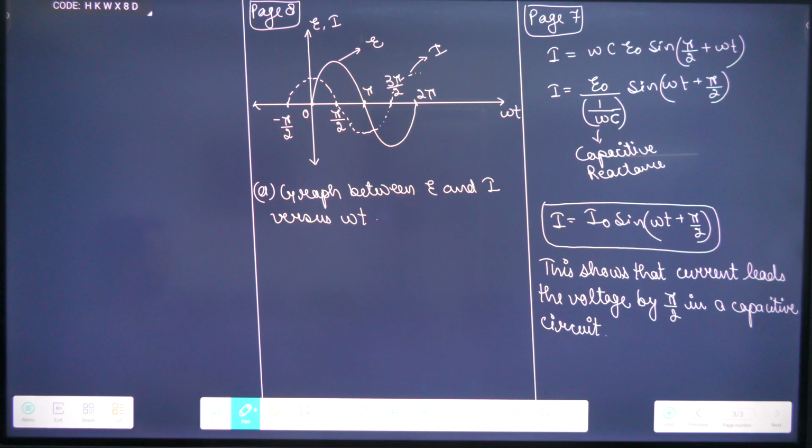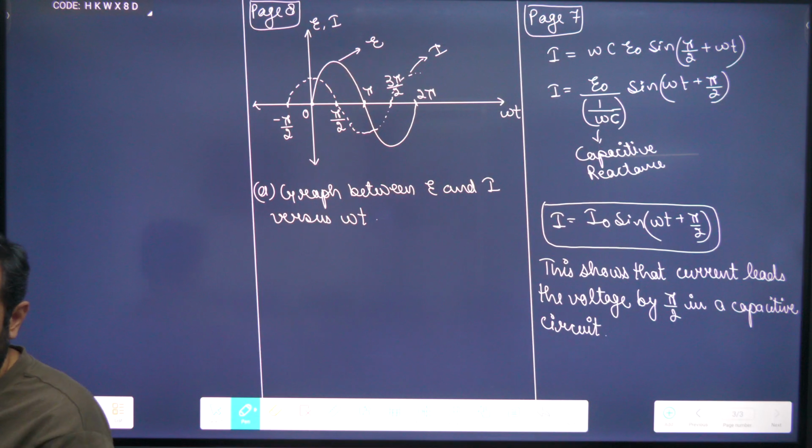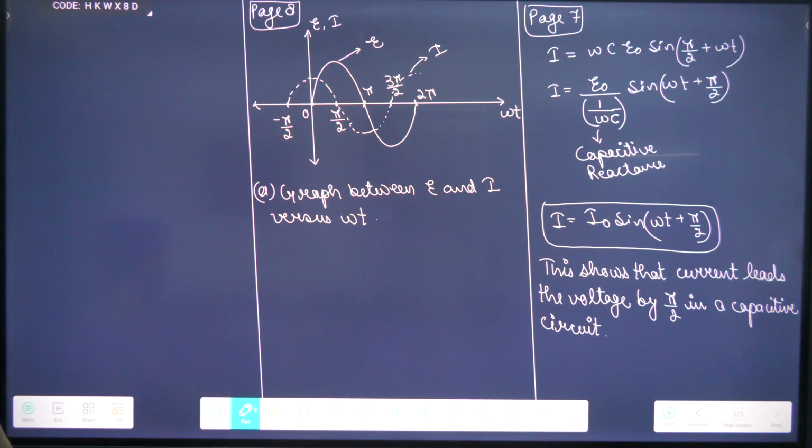Drawing the diagrams. Done? Yes, sir. Okay.